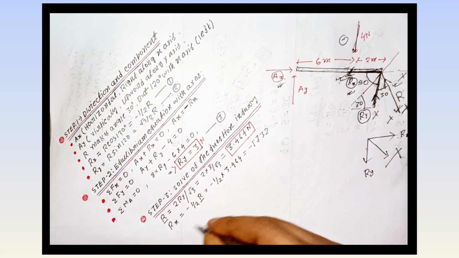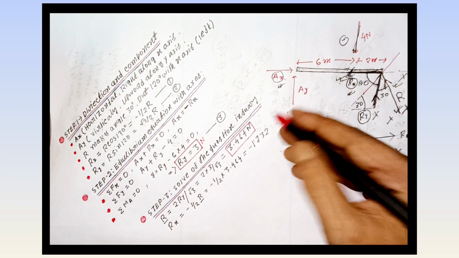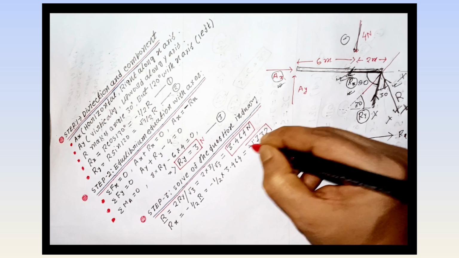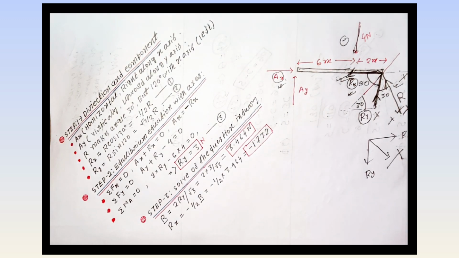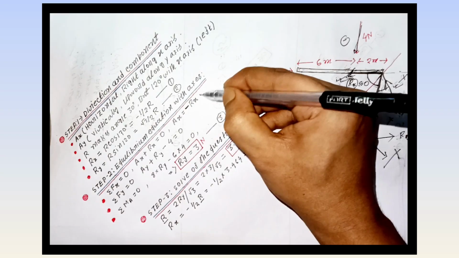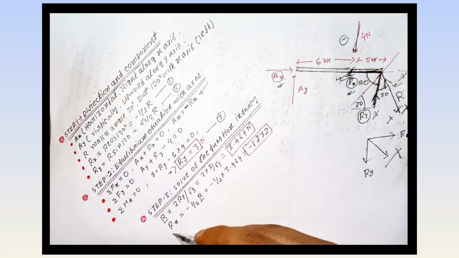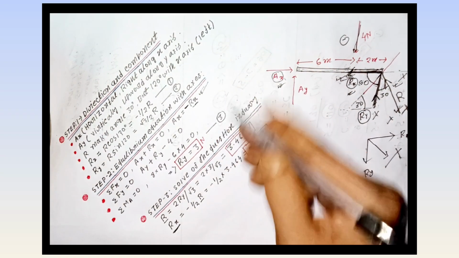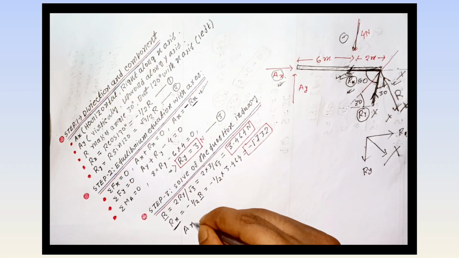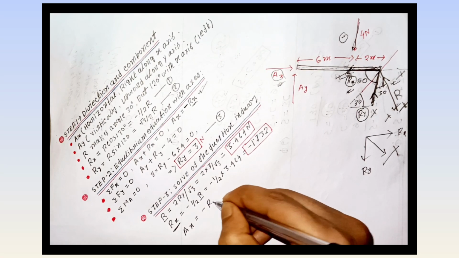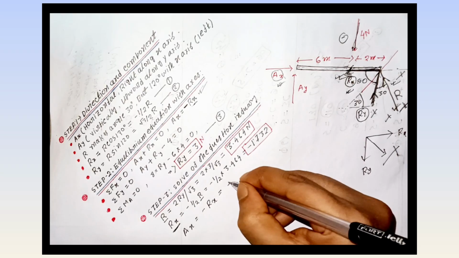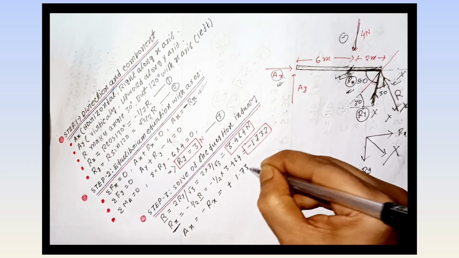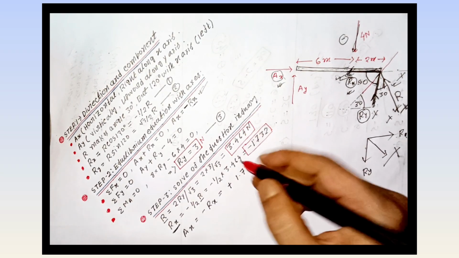That is Rx, Ry and R. We have completely figured them out. Now we have to find what Ax and Ay are. Ax equals minus Rx, and Rx is already found, so minus into minus is plus, Rx is 1.732, that is Ax.